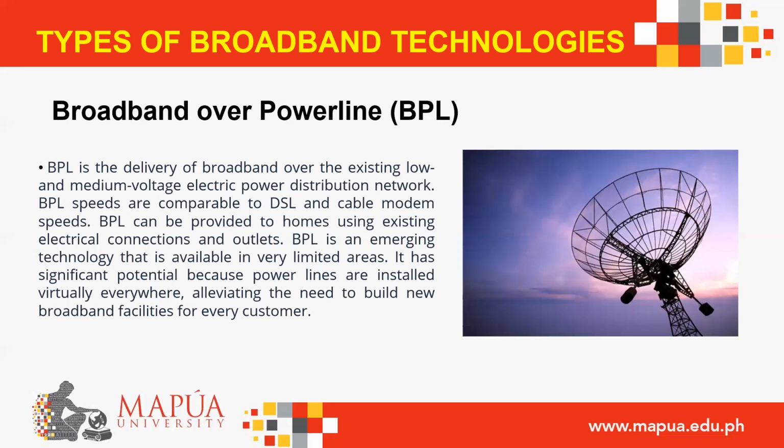BPL is an emerging technology that is possible in very limited areas. It has significant potential because power lines are installed virtually everywhere, alleviating the need to build new broadband facilities for every customer.